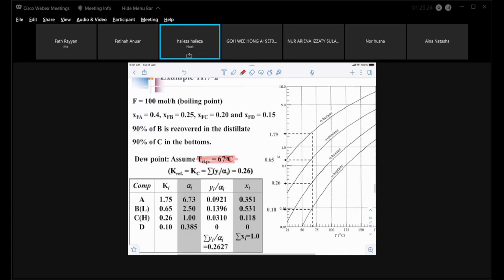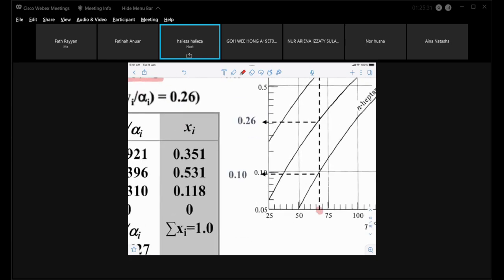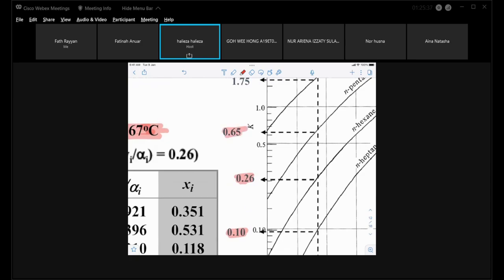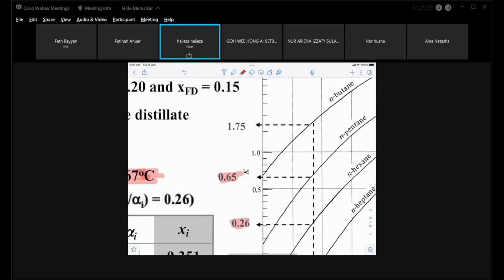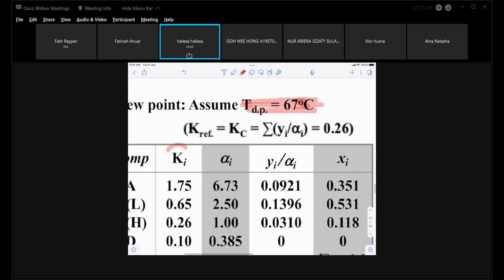Okay? So now you assume 67 degrees C. At 67 degrees C, I get the K value for every component from the graph. In this case, we are dealing with n-pentane, n-butane, n-hexane, and n-heptane. I'll have these values listed here.